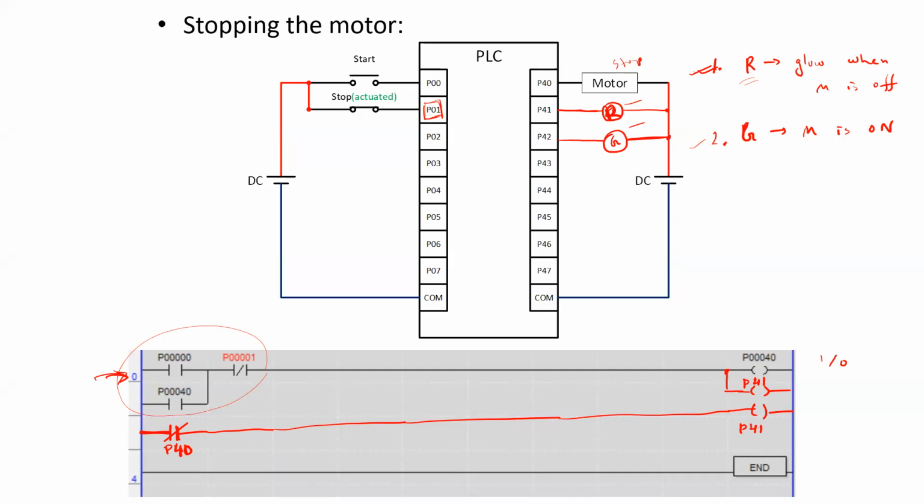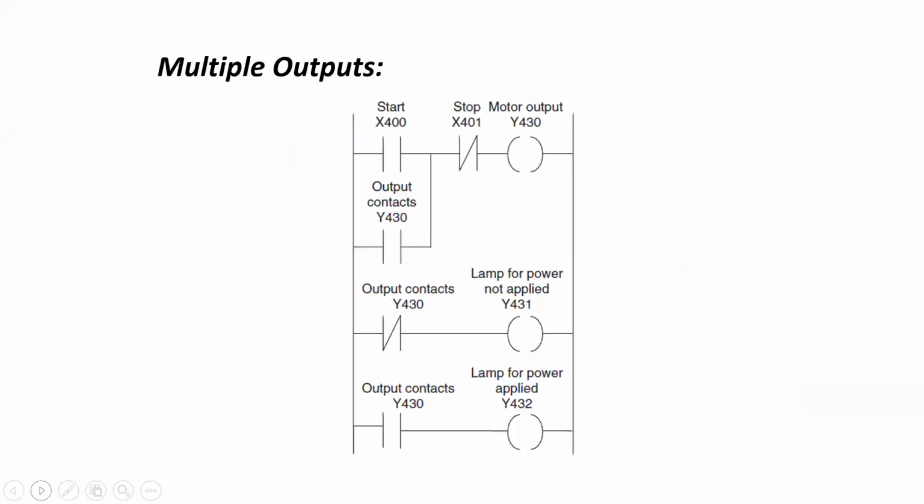Now the thing that I have discussed is implemented over here. But you can see the addressing is done in a different way, because this is taken from the book, and in the book it was done using the addressing of another manufacturer, but the concept is quite the same.